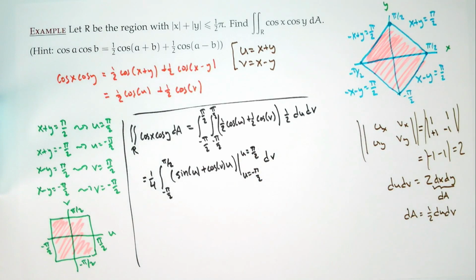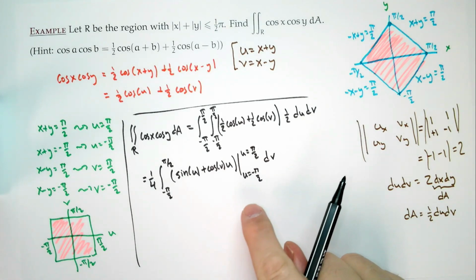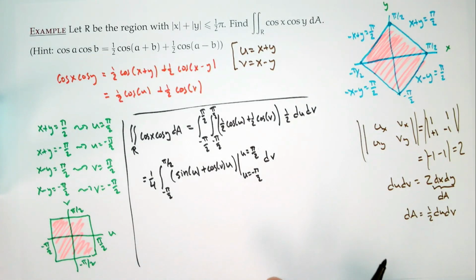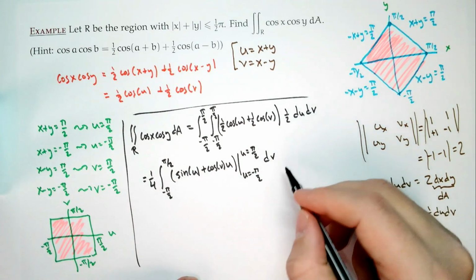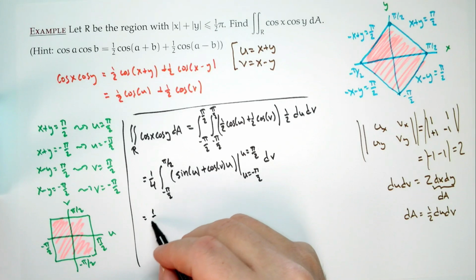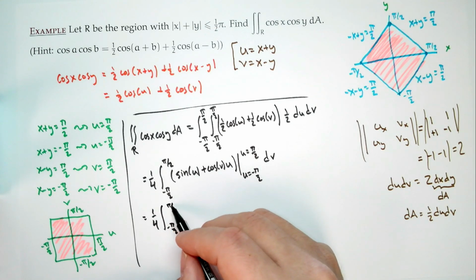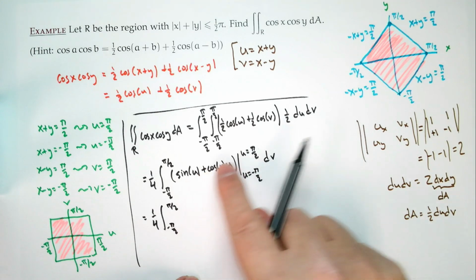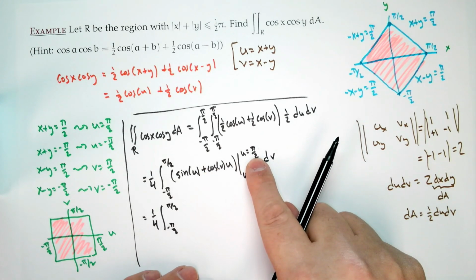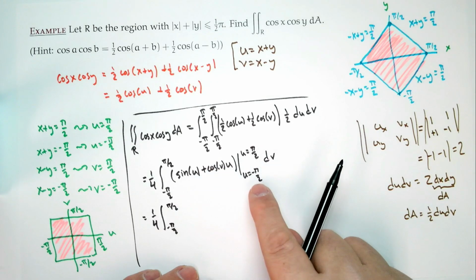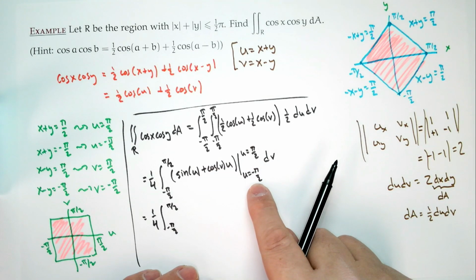Now I could have probably saved myself some work by saying, oh, wait a second, I actually have a lot of symmetry here. But, oh well, live and learn, as they say. Okay, so what does this turn out to be? So 1/4, negative pi halves to positive pi halves. Now when we plug in sine of pi halves, you're going to get 1. But then you're going to subtract sine of negative pi halves, which is negative 1.